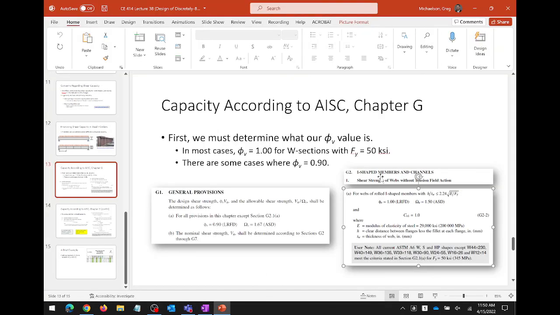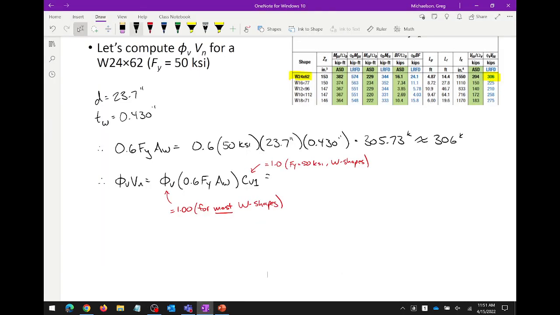We're going to talk about this a little bit more in detail on Monday. But basically, anytime that your web is less than or equal to 2.24 square root of E over Fy, then phi is 1. And there's only a few shapes where phi is not 1, and the W24x62 isn't listed. And so I think math tells me that if you take a number and keep multiplying it by 1, you get the same number. So phi Vn is 306 kips, which is exactly what the table listed.